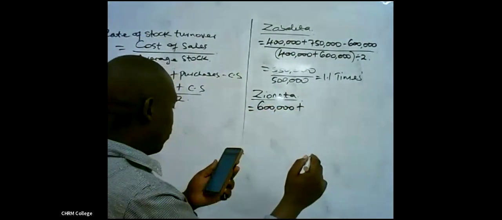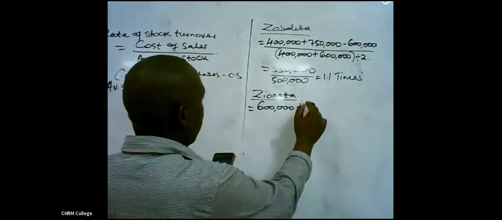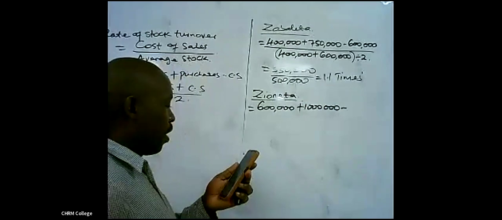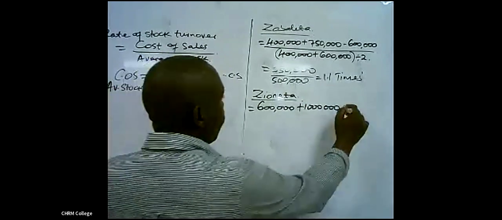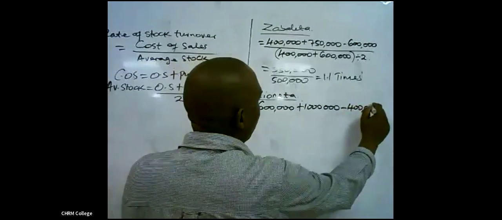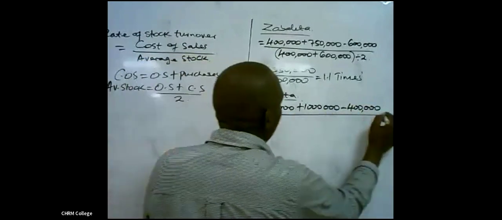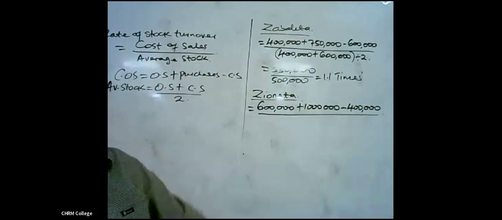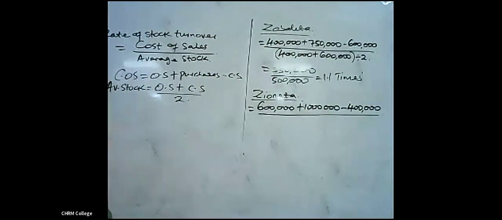Add purchases, 1 million. Then you subtract the closing stock, 400,000. That will give you the cost of sales. Opening stock plus purchases minus closing stock is the cost of sales.